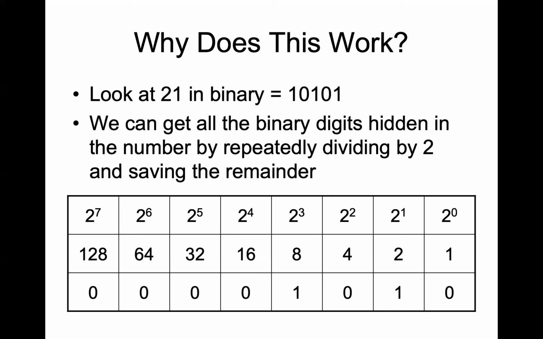This hasn't been a really rigorous proof, but it's an informal argument. Putting these observations together, we can uncover the binary digits hidden in the algorithm by running this process for the least significant bit, then shifting it over, and then using the algorithm to get the new least significant bit. So that's basically why this works.